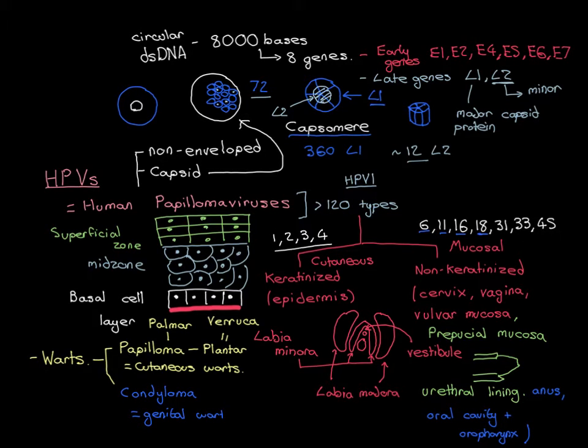That's why the immune response is extremely slow, and we know that generally about 90% of HPV infections will be cleared within 2 years, and the other 10% will persist for much, much longer. We know this from general knowledge: warts can last for years and years, so HPV infections can last a long time.